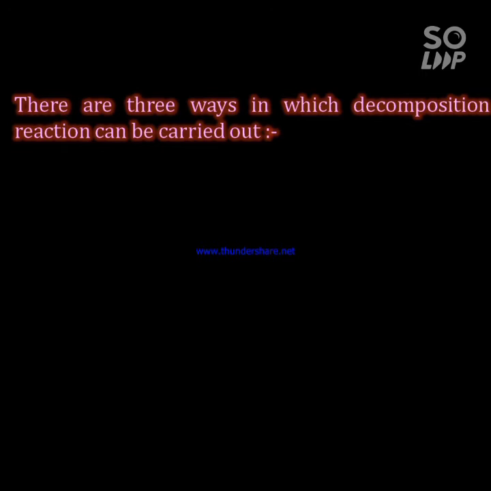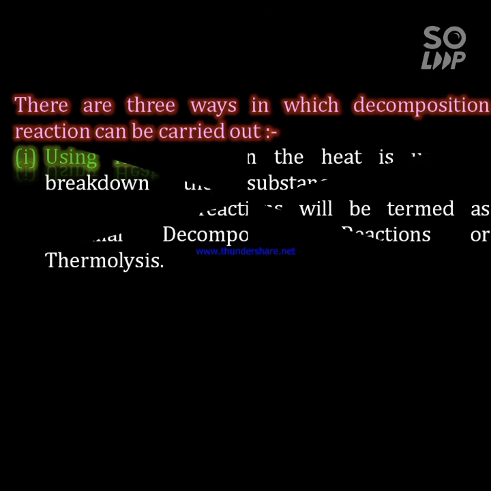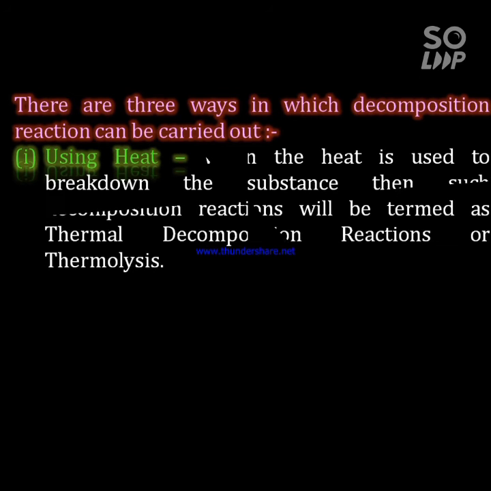So when we use heat to break down any substance, the same decomposition reaction gets another name, thermolysis or thermal decomposition reaction. Let's see what the definition says. When heat is used to break down the substance, then such decomposition reaction will be termed as thermal decomposition reaction or thermolysis.